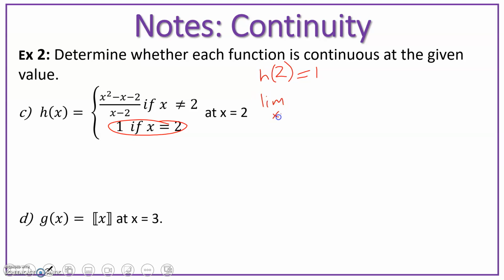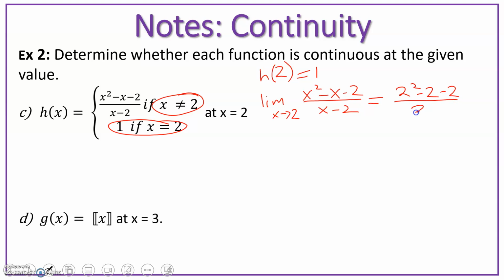So the limit as x approaches 2, and note it's the same from left and right, so I'm only going to tackle this once. And then we get 2 squared minus 2 over 2 minus 2, which is undefined.